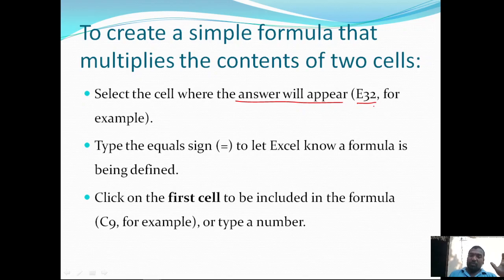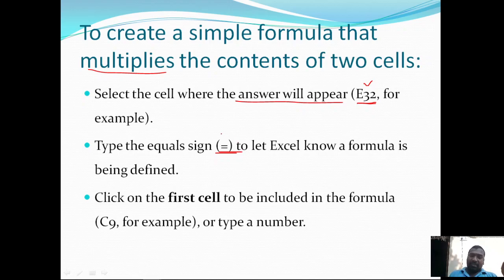On E32 we want to display the result of this multiplication operation. Then type the equal sign on the cell where you want to display the result. So E32 is the cell where we want the answer to appear. Click on that E32 cell and type the equal sign.